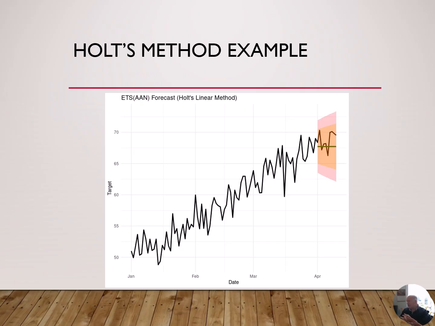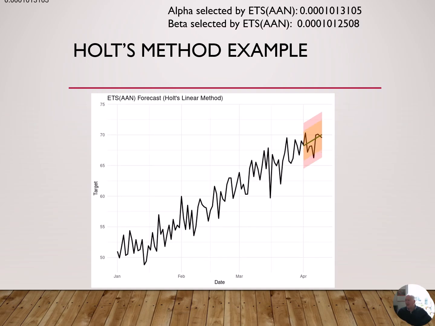But what you see, once again, is that once we make a prediction, it remains constant from there. And you notice that there was a trend here. If we use the Holt method and we use ETS, where we have selected the residual, that's the first A, and the trend is the second A, and then N means no seasonality.